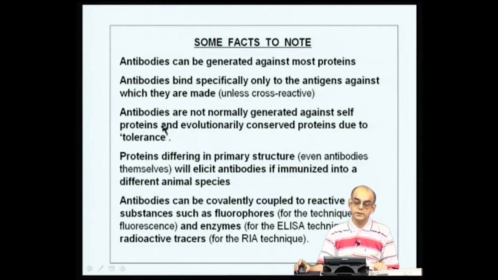Now, these antibodies are not normally generated against self proteins and also evolutionary conserved proteins that have the same amino acid sequence across the animal kingdom, or for that matter across mammals.